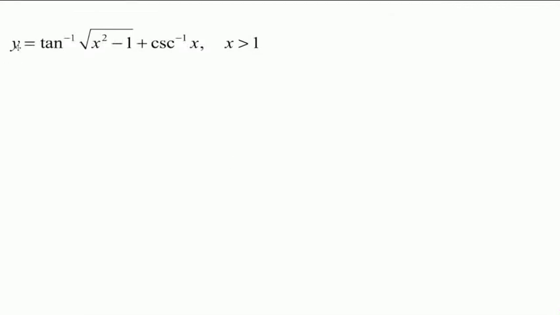All right. On this one, we're finding the derivative of y with respect to x. So we need to know the derivative of the inverse tangent. The derivative of the inverse tangent of x is 1 over 1 plus x squared.